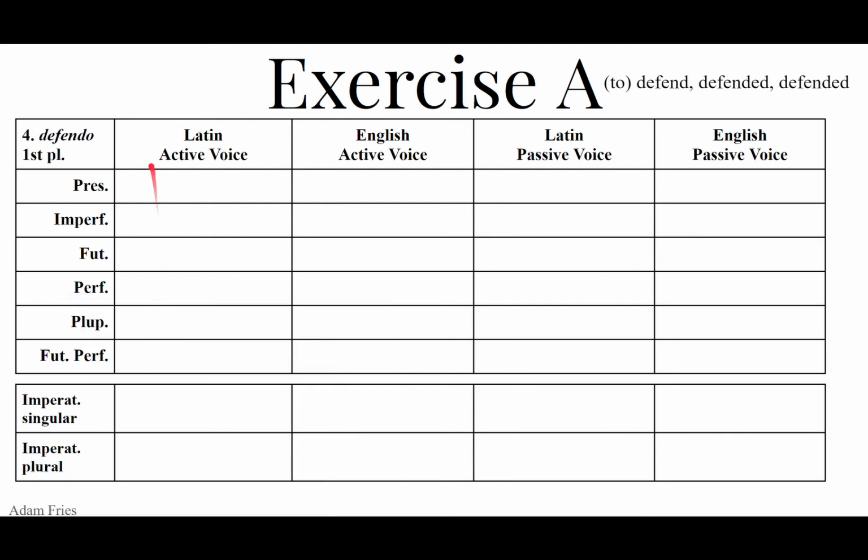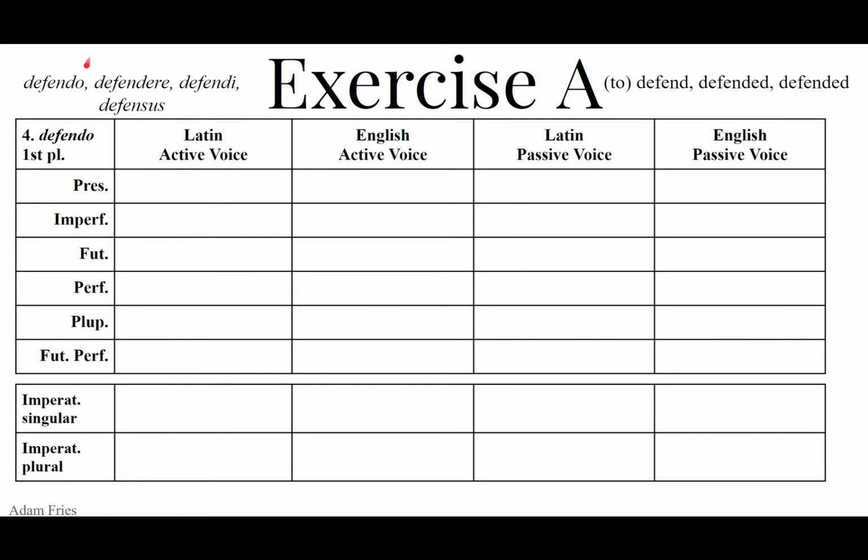Number 4. Defendo, defendere, defendi, defensus. To defend. I want to defend. I defended. I have defended. So we want the first person plural. The present stem is going to be, well, it's a third conjugation verb, so defend, just like the English.